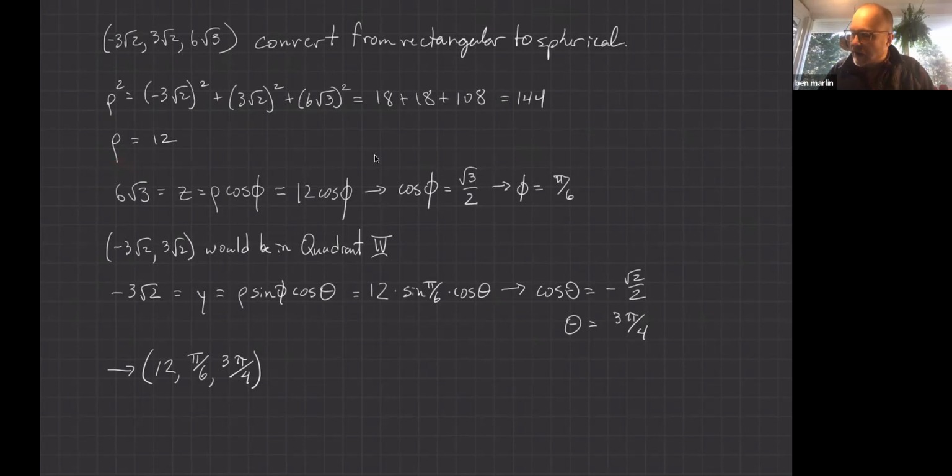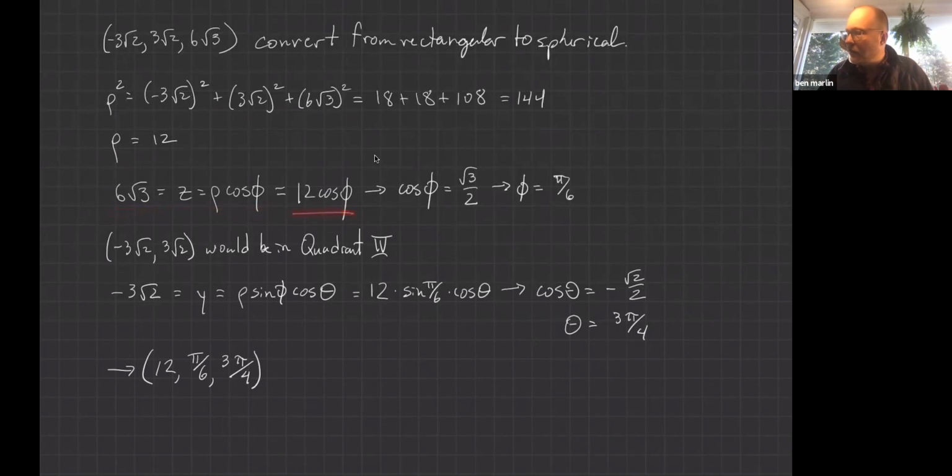Okay. All right, then we're going to try to get our phi figured out here. And the easiest way to do that is to remember that z is given to us by rho cosine phi. And we know that the z is supposed to be 6 root 3. And we know a value for rho.